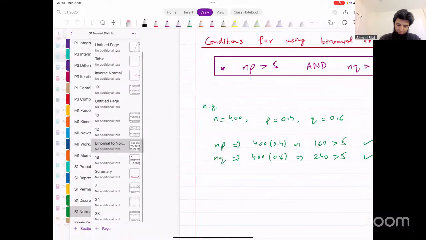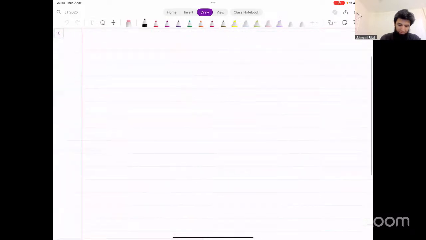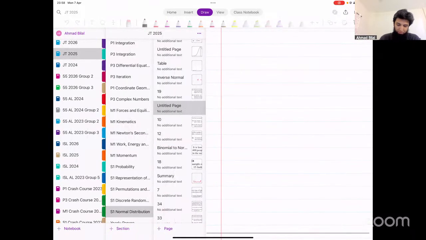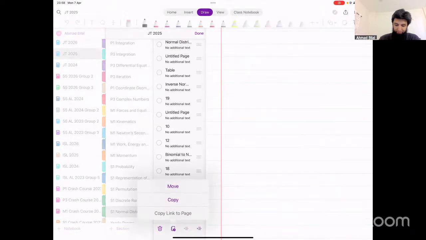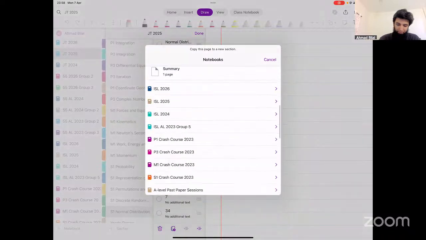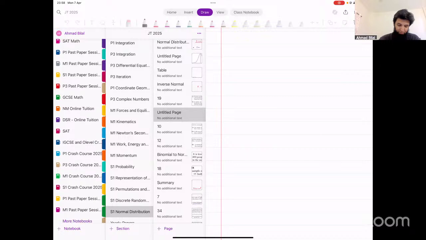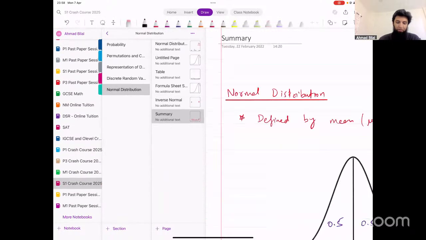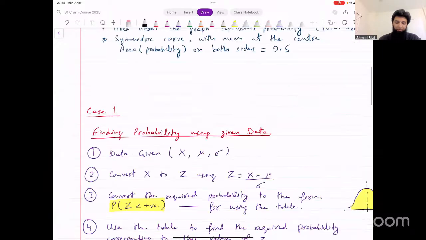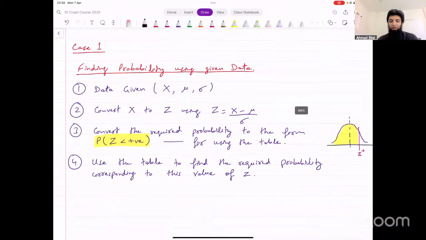Normal distribution. There are two major things that we have done in this topic until now. One, when you have to find probability using the given data.